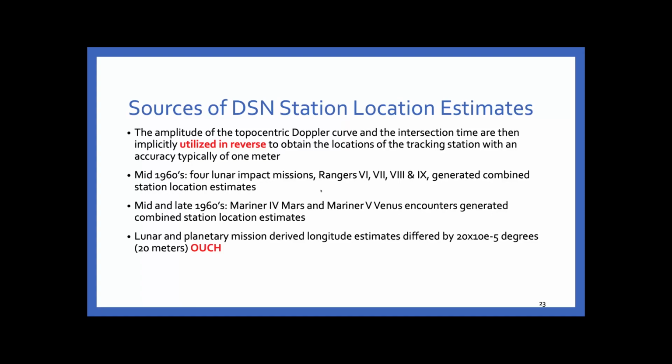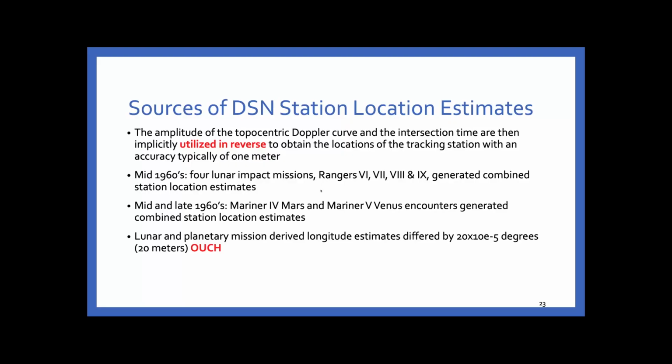What were the sources of location estimates in 1968 when I came here? So I've described how this Doppler signature is used in reverse. And I mentioned there were the 4 Ranger missions that had been combined with station locations, and that was our reference set. Well, then in the mid to late 60s, Mariner 4 flew by Mars.